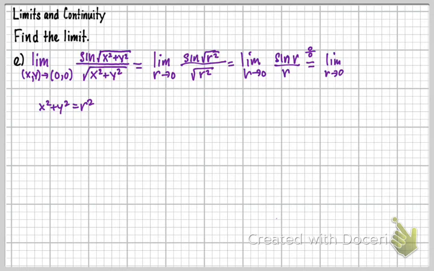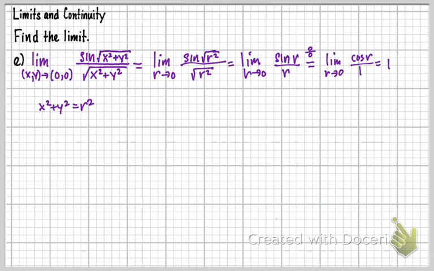So the sine of r becomes cosine of r, and r becomes 1. So then when I plug in 0 for cosine now, because now I can just plug it in, the cosine of 0 is 1. So I get 1 over 1, which is 1. So there's my answer for this one here.